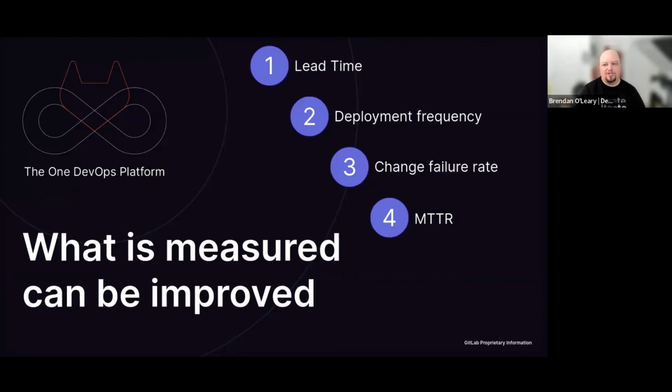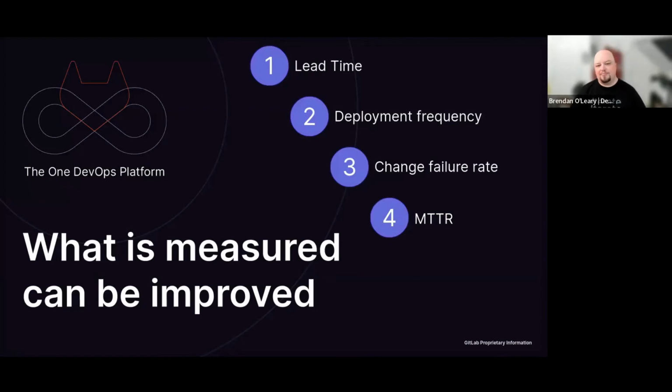How reliable are those changes that are coming into production? And how often do those changes result in a production instability? And since that number is never 0, how long does it take to restore services when something does go wrong? These 4 metrics can accurately measure a team's overall software and delivery operational performance.